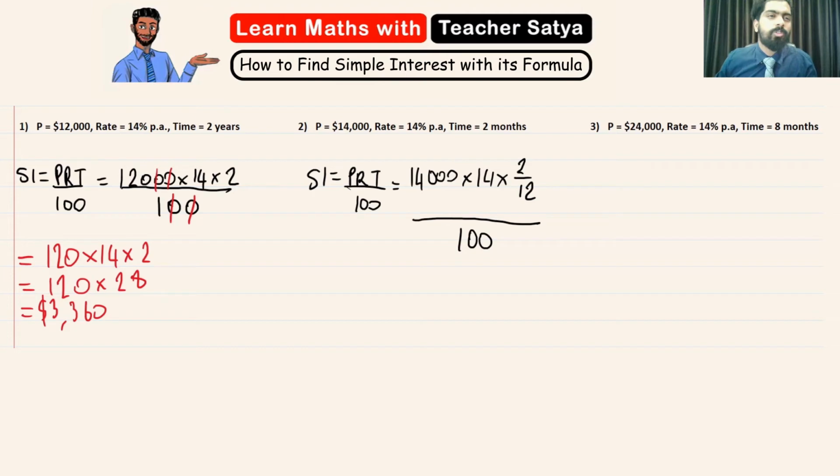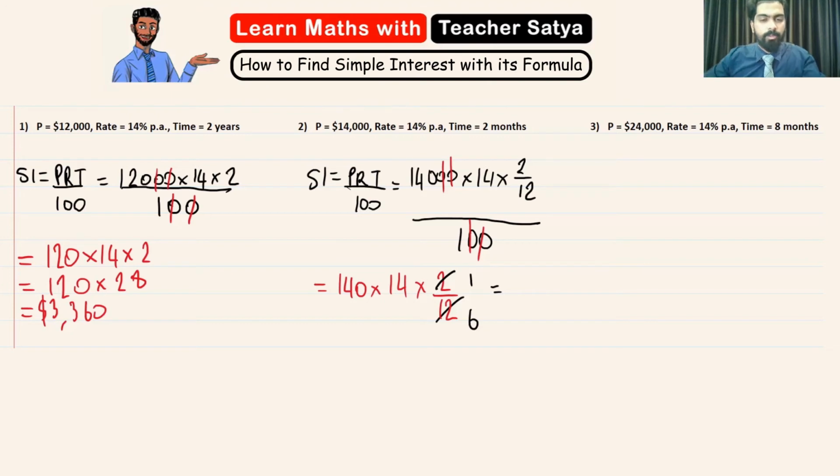Now what we can do straight away first is we can simplify the zeros, and what we would have left is 140 multiplied by 14 multiplied by 2 over 12. Right, guys? Now let's see what we can simplify here. So 2 will change to 1, 12 will change to 6, right, guys? So we would have 140 times 14 divided by 6.